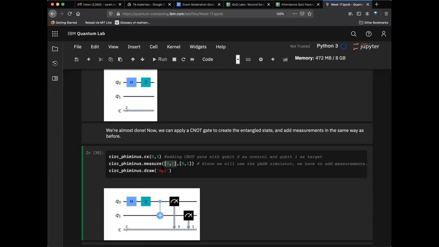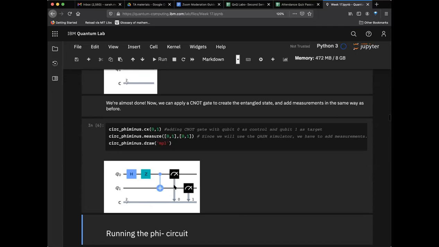We can put a list of all the different qubits we want. We only have 2 in this case, but we're going to measure our 0th qubit and our first qubit onto our 0th classical bit and our first classical bit. We can run that and we get exactly what we generated here.